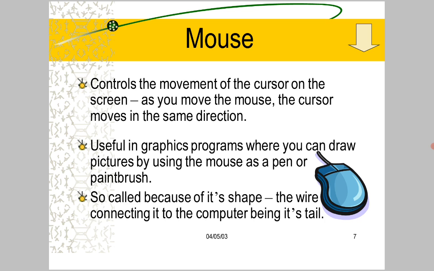As you move the mouse, the cursor moves in the same direction. You may control the direction of the mouse pointer by using some cursors. These mouses are mainly used with all graphical user interface or GUI based environments and programs.